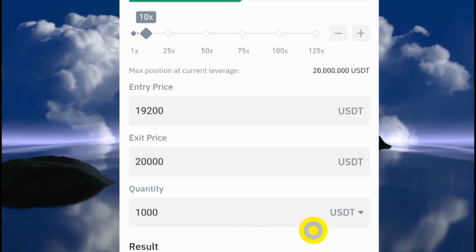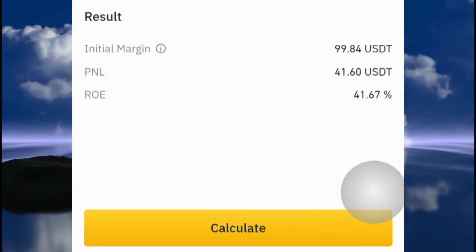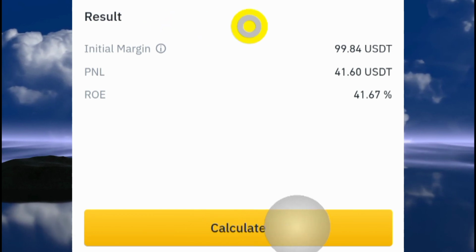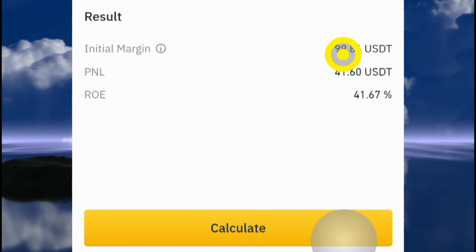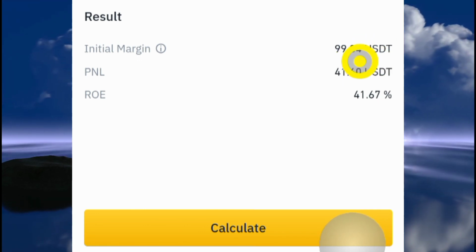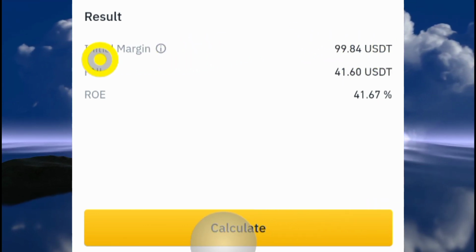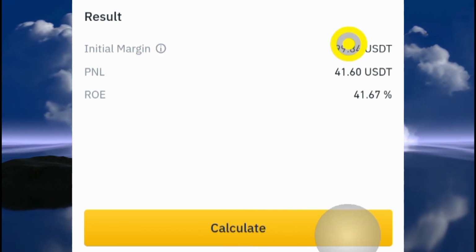All you would need to do now is to click on the yellow button, calculate. Immediately you will see the result here. You can see here PNL, you will be making a profit of 41.60 USDT. But it is worth noticing here that your initial margin is 99.84 USDT.